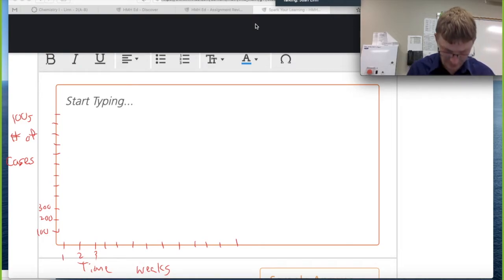Let's say COVID first happens, and we're going to call that week 1. So week 1, let's say there's 100 cases. So we've got our data point right there. We'll even switch to a different color. Week 1, we've got 100 cases. The problem is that in week 2, they then measured 200 cases.